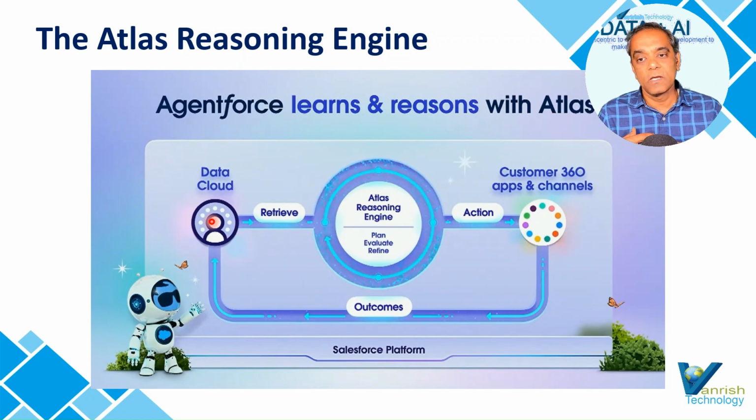First is interpretation. What is interpretation? It is basically understanding the user's intent from natural language, like a plain English sentence, and then determining what the agent needs to do. Suppose I give one example: help me resolve any billing issues. Here the user is looking for help with billing information.